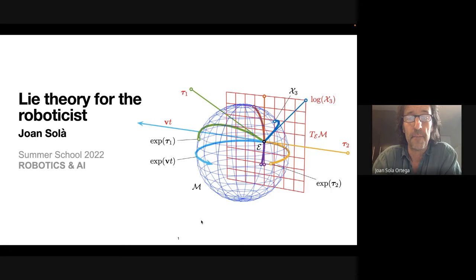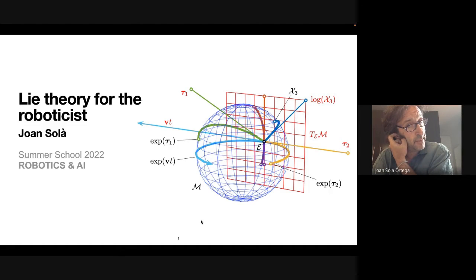It's a very beautiful framework that allows us to work, especially in 3D, where rotations get kind of tricky, with rigor and precision. We can do derivatives, integrals, estimation, control. We can do a lot of things with this theory. And that's the aim of this course.